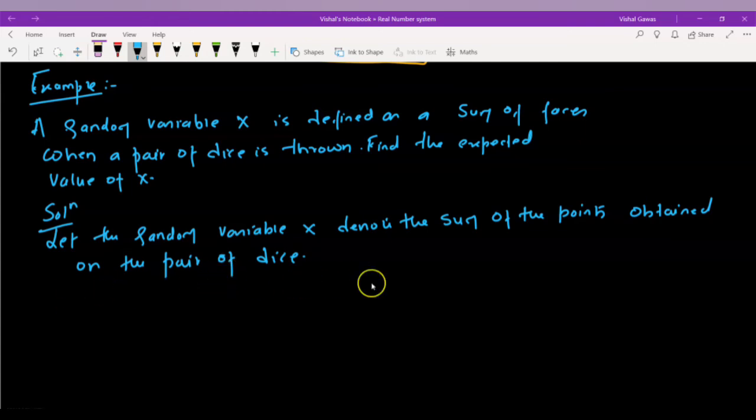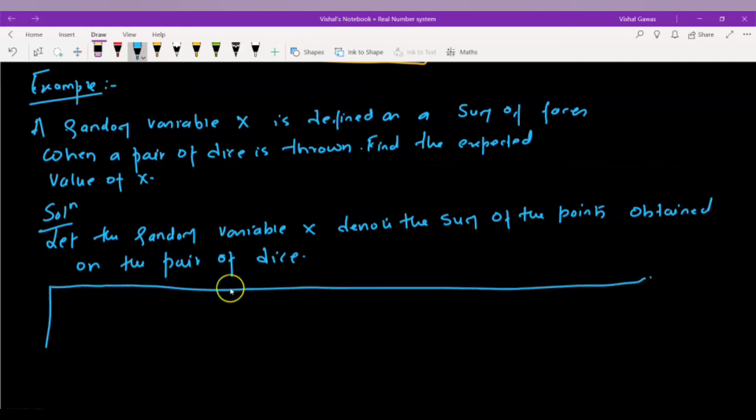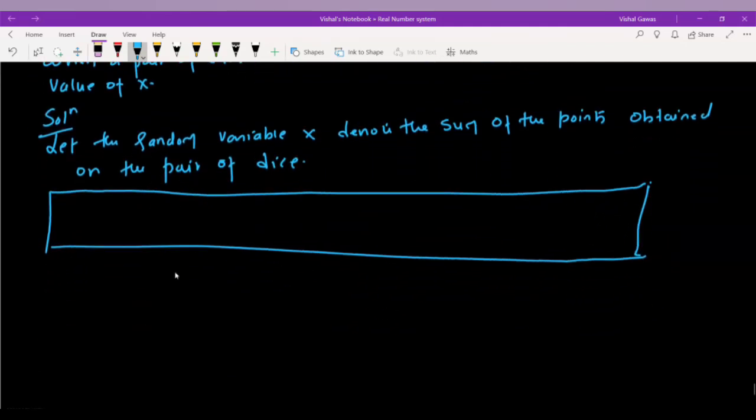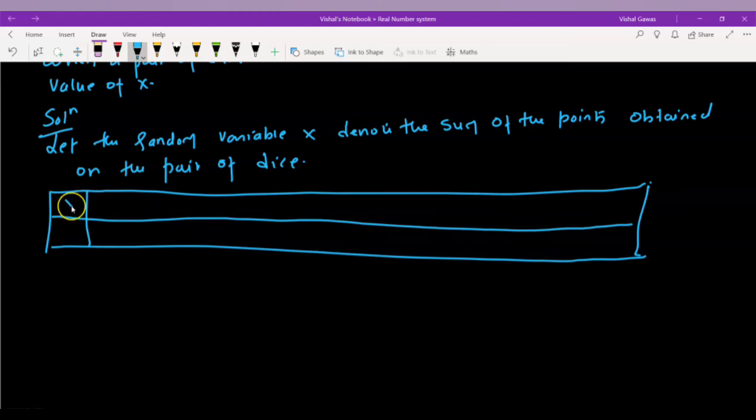So what will we get when we throw two dice? Let's draw quite a big table. Not proper, I'm sorry, because I don't have the skill to draw straight lines, but let me try. So this is x, this is p of x. When I throw two dice, what can be the sum?